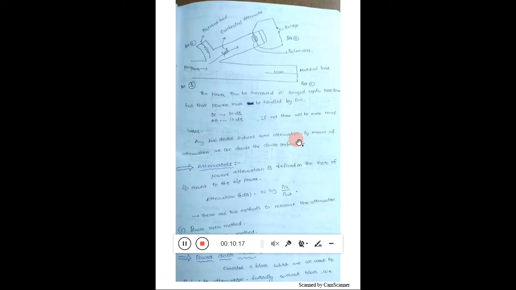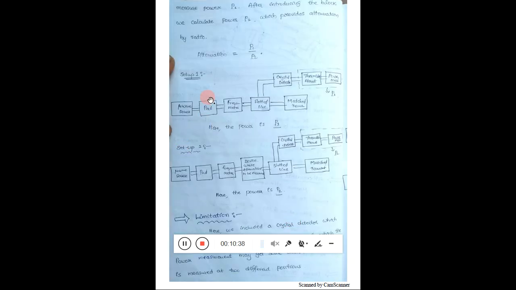Next one is the attenuation method. Attenuation can be measured using the power ratio method or the RF substitution method. Attenuation is generally measured in dB, that is 20 log of input power by output power. For the power ratio method, this is the bench setup: the microwave source, pad, frequency meter, slotted line, and matched termination.